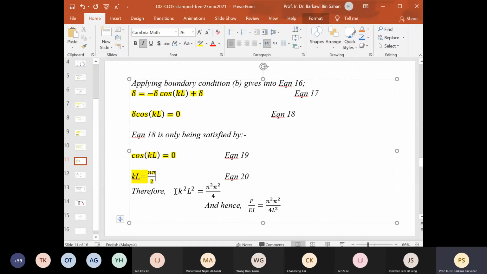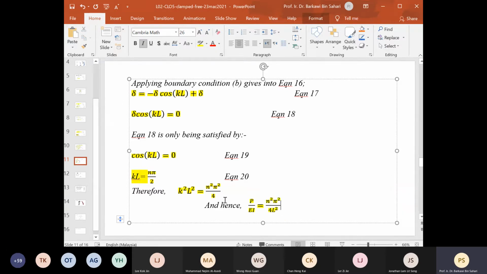So we square this equation: k squared L squared equals n squared pi squared over 4, and k squared is P over EI.